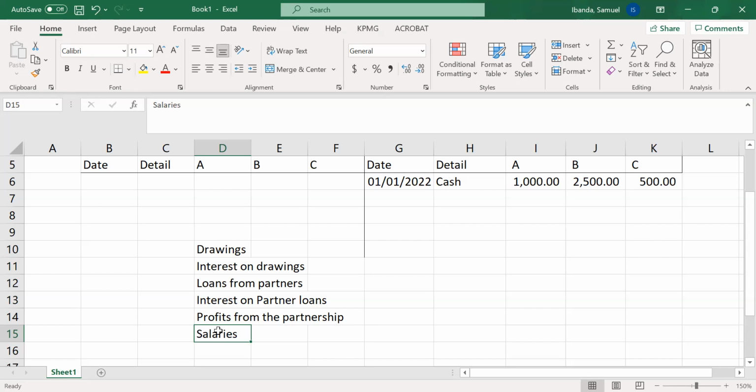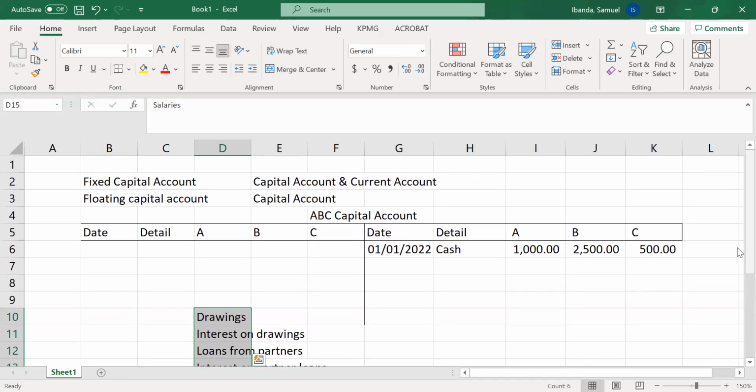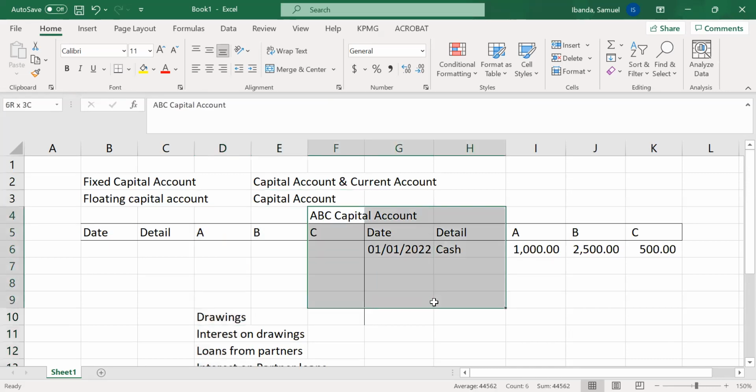Now, these records are mostly supposed to be recorded in the capital account, because the capital account represents the relationship between the partner and the business.